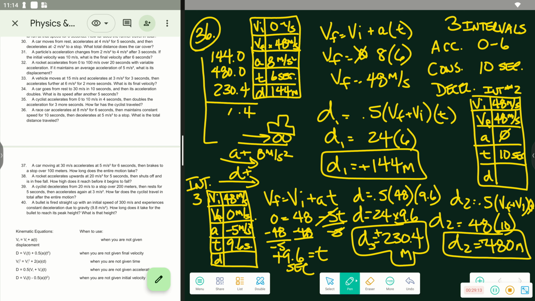And when you add it all up, it should be 854.4 meters. That's your total displacement. It's a positive 854.4.